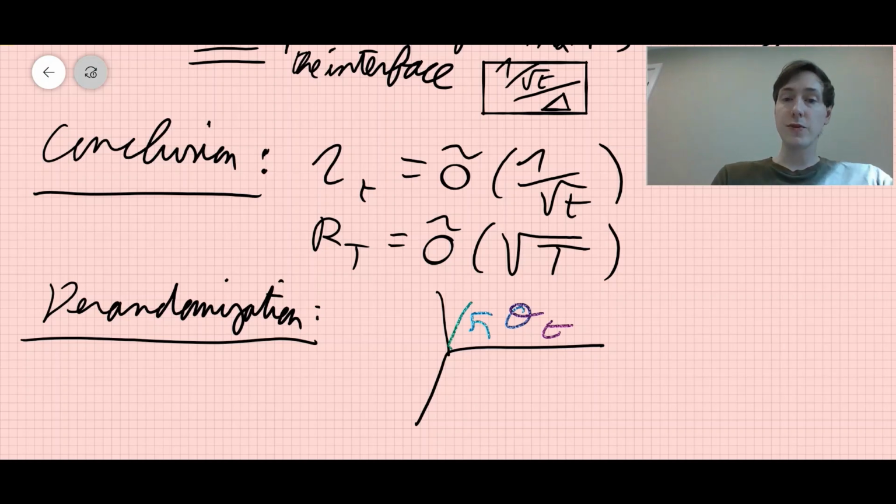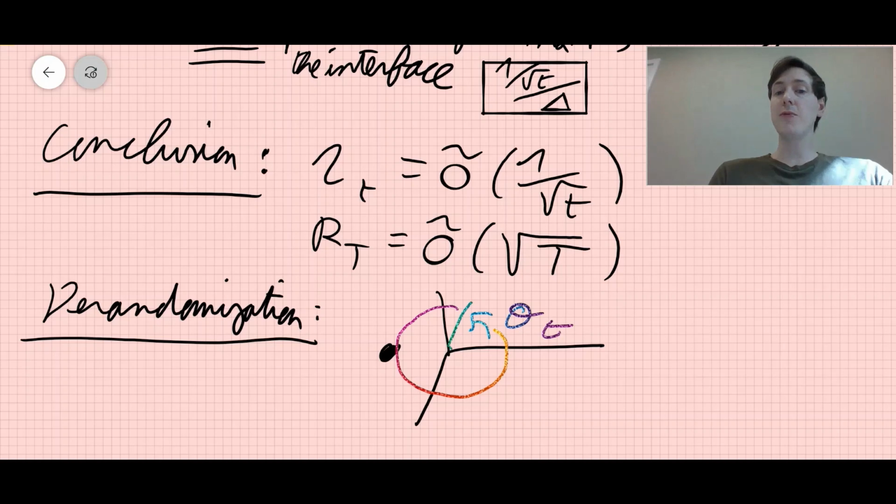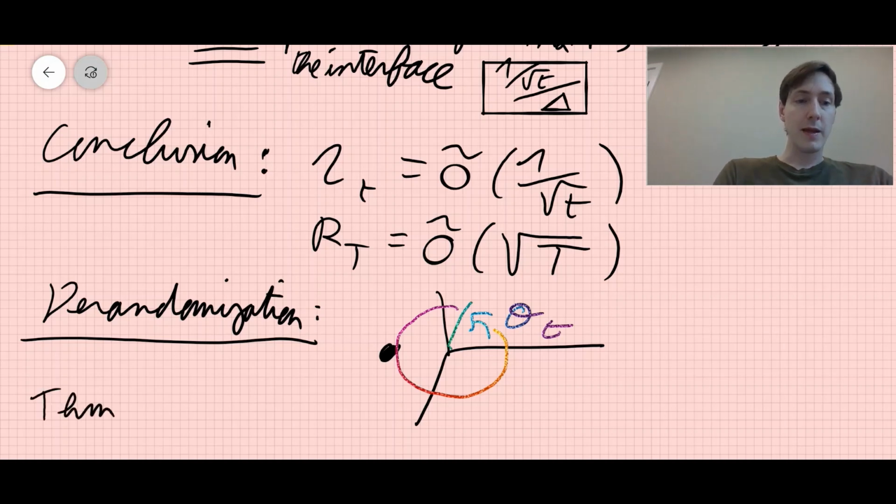So the interface will move during the game. And then instead of saying that for any fixed point here, the probability of falling in the interface is bounded by basically 1 over square root t, you're going to say that you're only in the interface a fraction of the time 1 over square root t. Okay, and everything works.